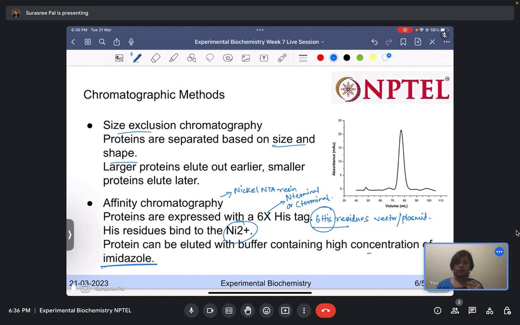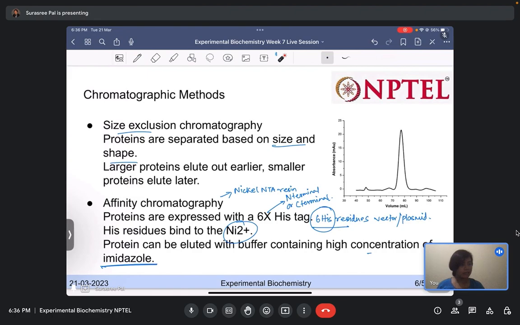And then the proteins get into these pores of the matrix, and by passing buffer, we try to elute out our proteins. Now the proteins which are larger will elute out first. So the larger proteins come out earlier, and the smaller proteins elute later. So this is how a chromatogram of size exclusion chromatography looks like.